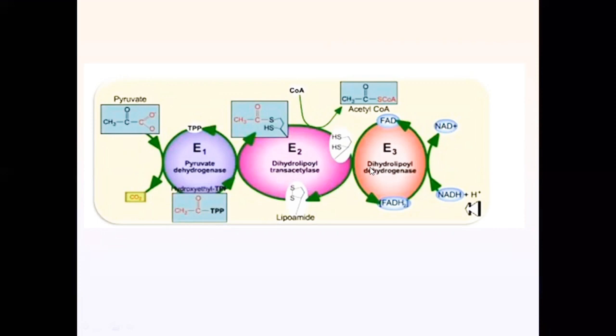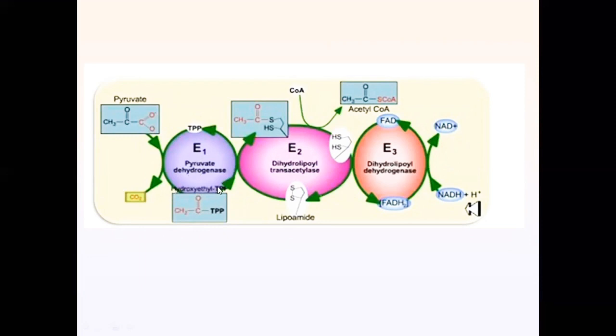And the third is dihydrolipoyl dehydrogenase, in which there will be oxidation-reduction or dehydrogenation reactions. Dihydrolipoyl means that it will contain the lipoic acid. So this pyruvate dehydrogenase complex enzyme consists of three parts: E1, E2, and E3.